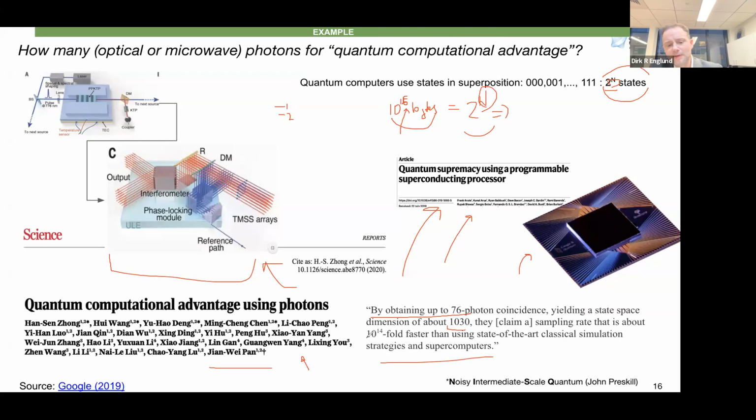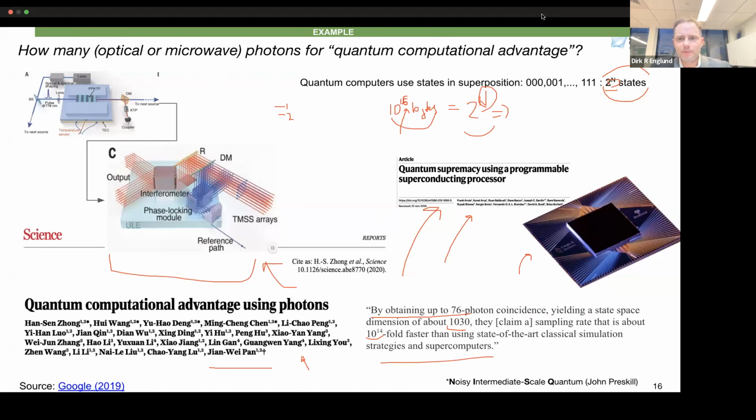Okay, so maybe your computer is 10 times faster. That's only changing it from 10 to the 14 to 10 to the 13. So that's a pretty strong claim, and it's made possible by this interference of the excitations of the optical fields that we had on the previous slide. Basically, Hong-Ou-Mandel and beam splitters taken to many modes gives you this effect. Okay.